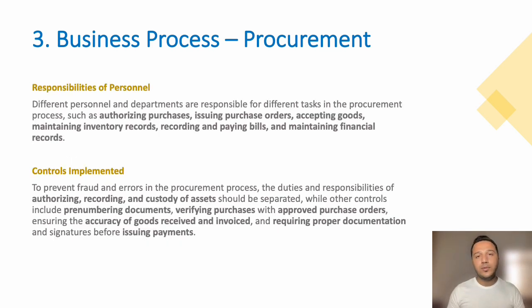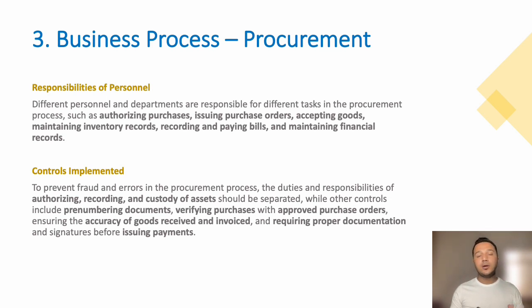As we have already mentioned, within the procurement process in any company, there are different individuals, or sometimes departments or subunits, performing activities to fulfill one transaction, such as who will place the order, the authorization of the purchases, the acceptance of the goods, maintaining the inventory records so that we are not overstocked or stocked out, and ensuring that all the orders are pre-numbered and all the financial records are maintained.